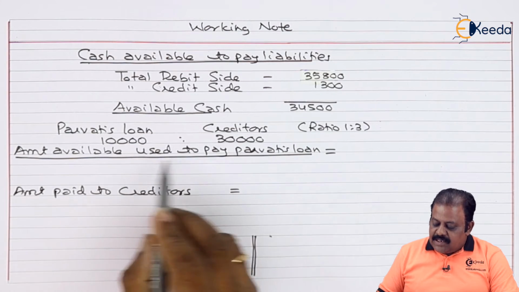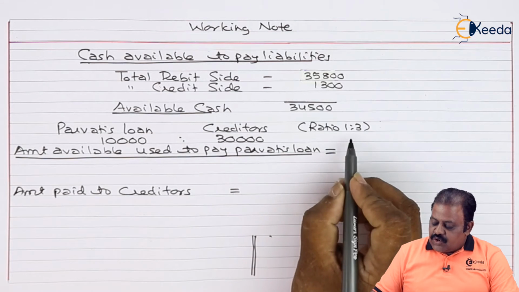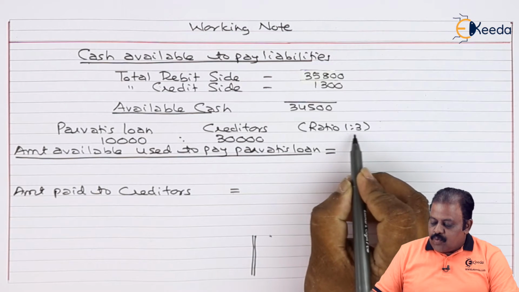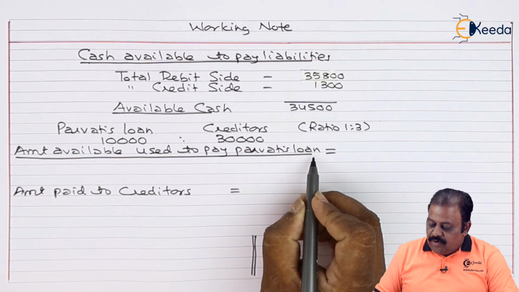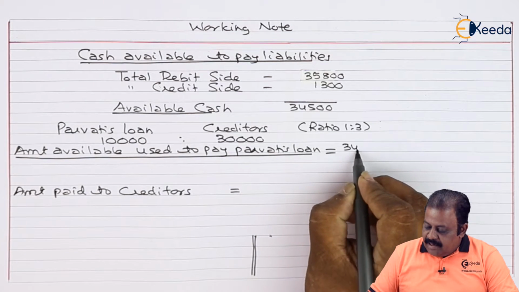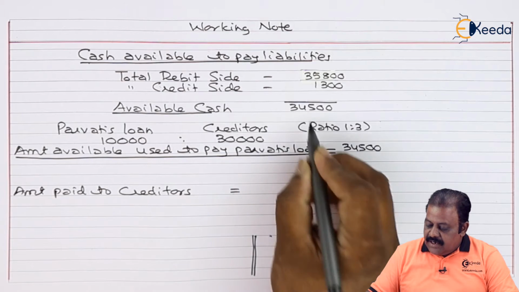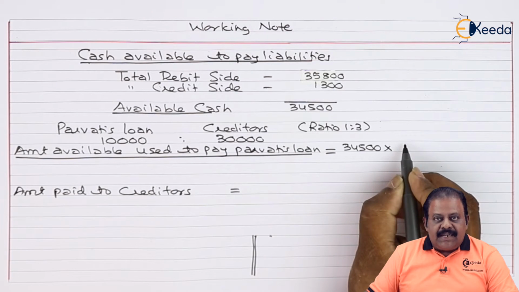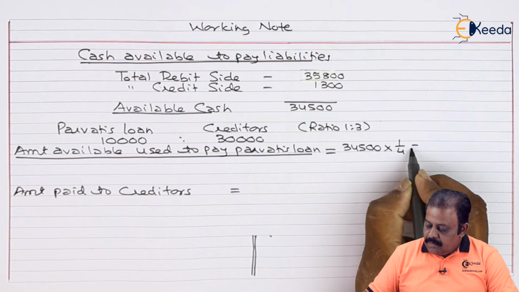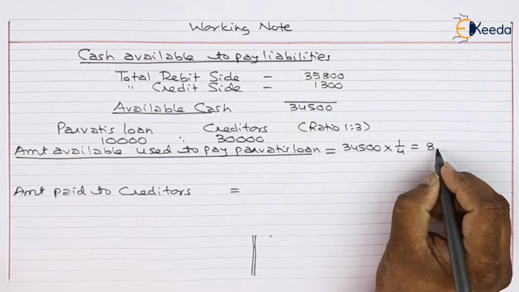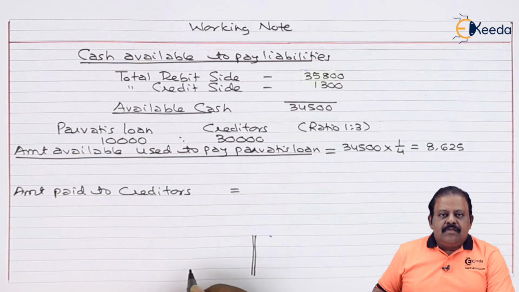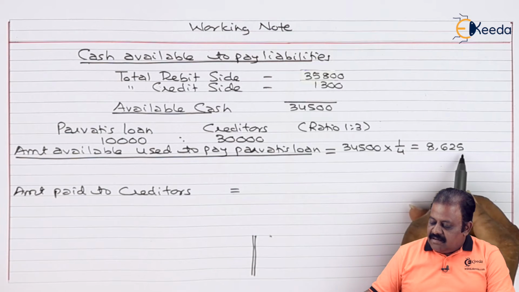Therefore, these liabilities will be settled in the ratio of amount payable, that is 1:3. So the amount used to pay Parvati's loan will be available cash 34,500 multiplied by 1/4, that is 8,625.